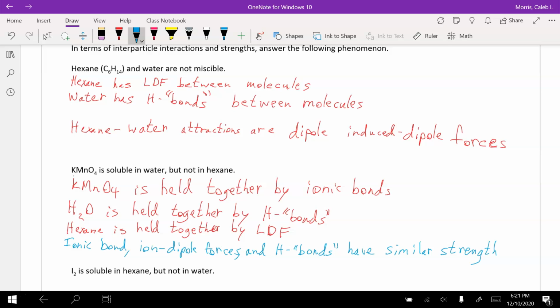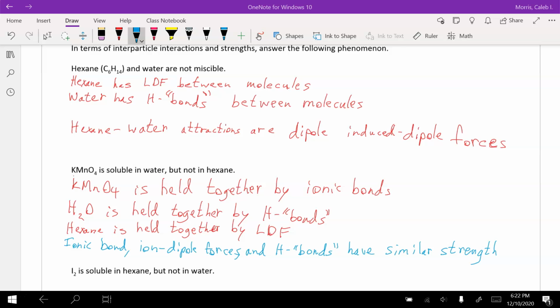LDF is not similar strength to these other forms. So when you see LDF, it's typically not going to bond well. It's typically not going to dissolve in a substance that is polar. When you see that LDF is the dominant intermolecular force.